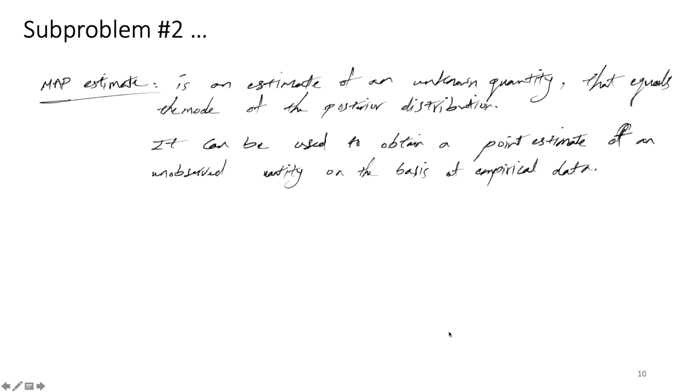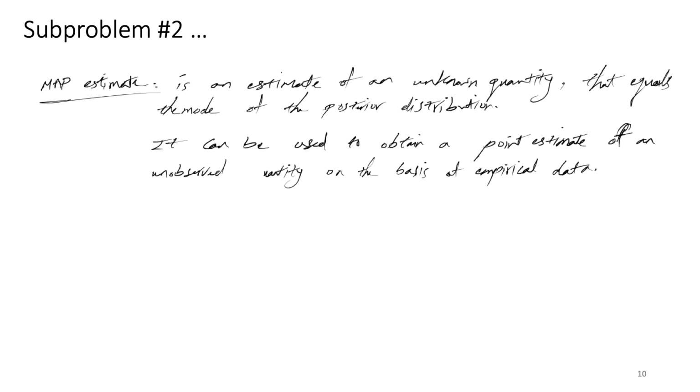Here, the MAP estimate is an estimate of an unknown quantity that equals the mode of the posterior distribution. So you want to find the probability of a phenomenon that happens to a distribution when you inject a new unknown to that. So when you have another data inside, what kind of probability distribution joins with that? That's why we call it posterior. It's after you added that.